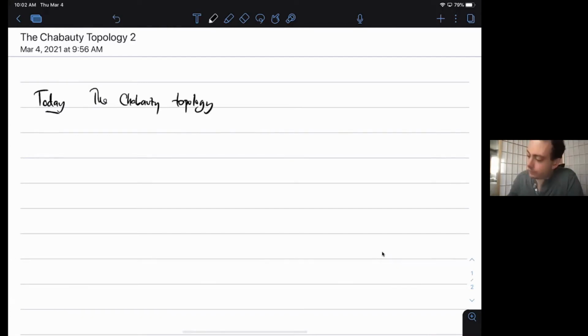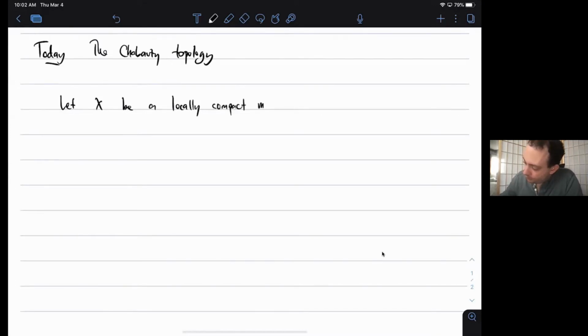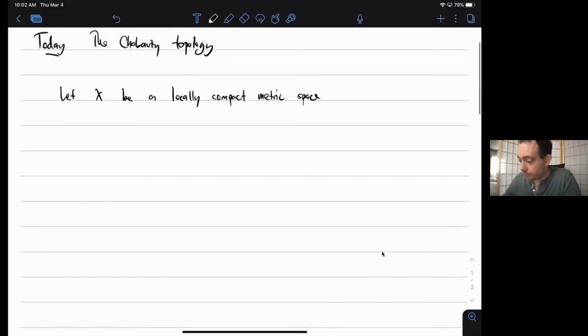So I think I'll start pretty general and just let X be a locally compact metric space. Some of these definitions I could do for an arbitrary topological space, but I am deeply uncomfortable working with anything that's not a locally compact metric space. So we will always assume that that's the case.